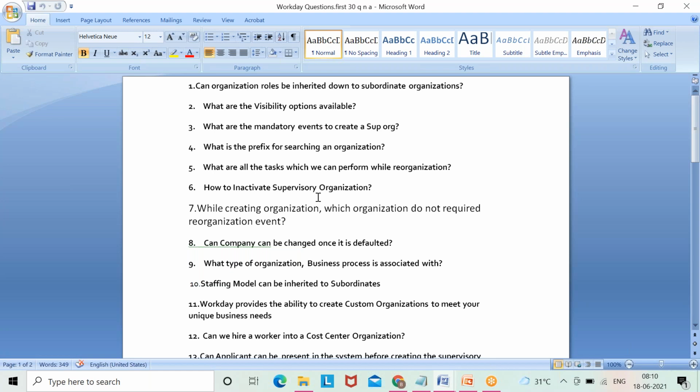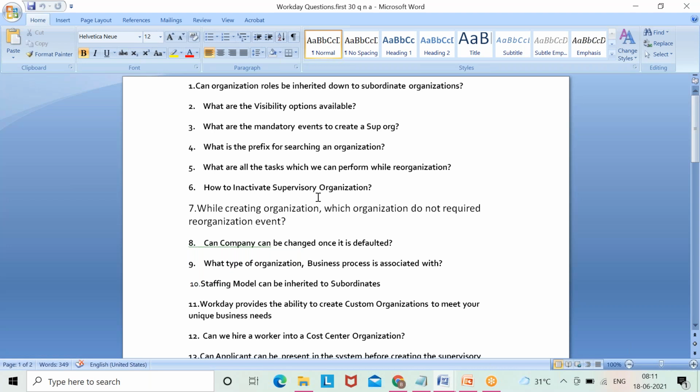When you're creating a supervisory organization or any other organization, we have 4 options available under the field called visibility. What are those 4 options? It can be visible to the entire Workday organization, to specific organization people, or to your supervisor.